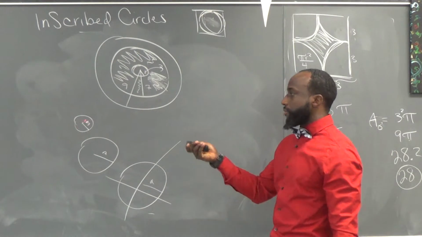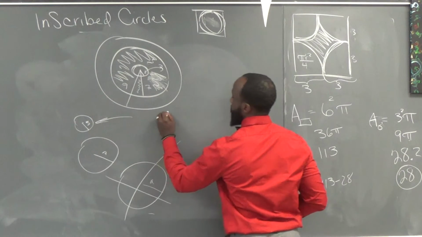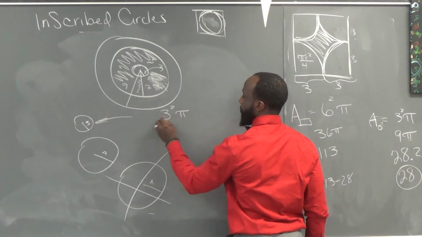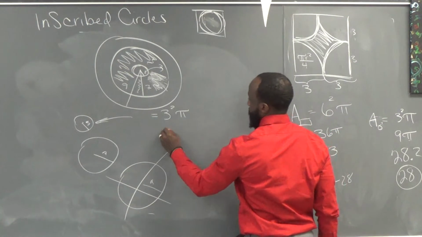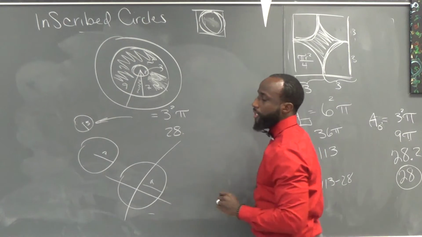Alright. So what we do is we find the area of the small baby bear. His area is going to be 3 squared times pi, which is going to be 28, rounded to the nearest whole number.